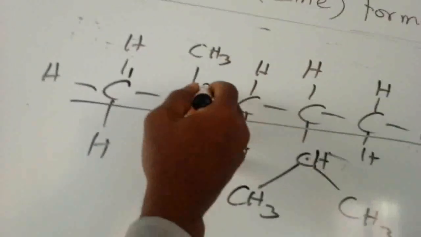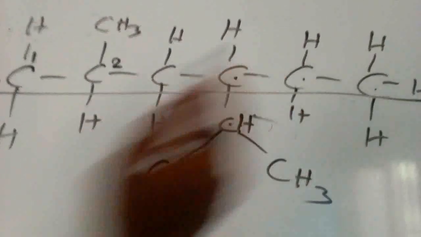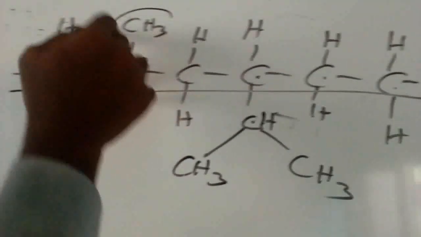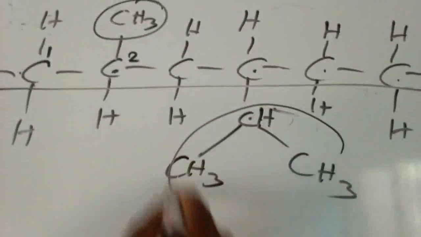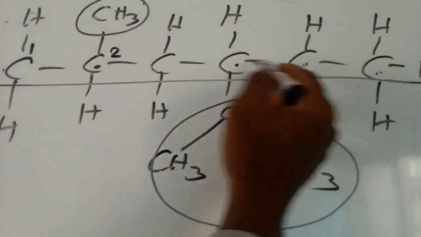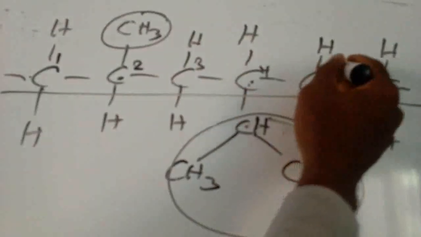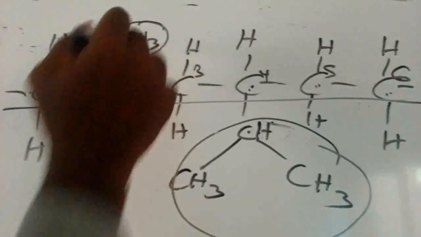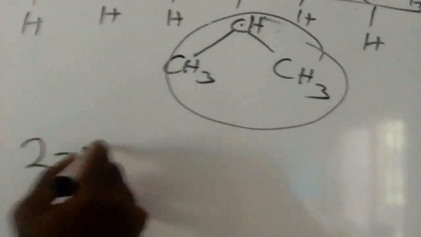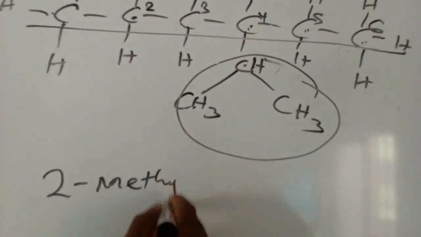This will give us a smaller value compared to this. This one will give you 1, 2, 3, so we prefer the lower end. 3, 4, 5, 6. This group is called methyl, 2-methyl on number 2.